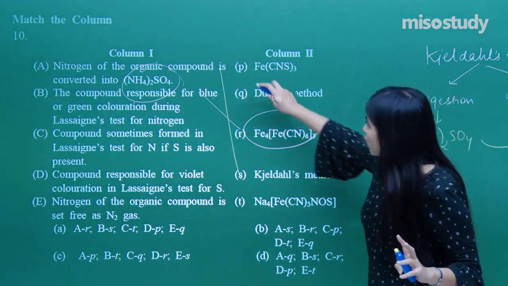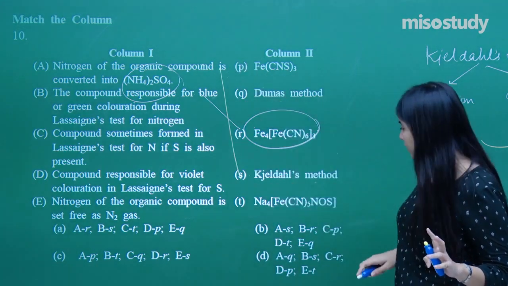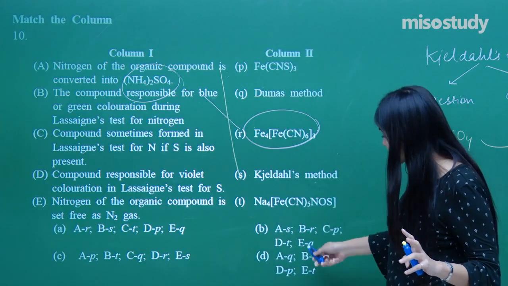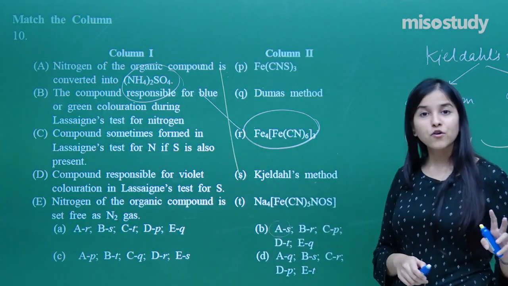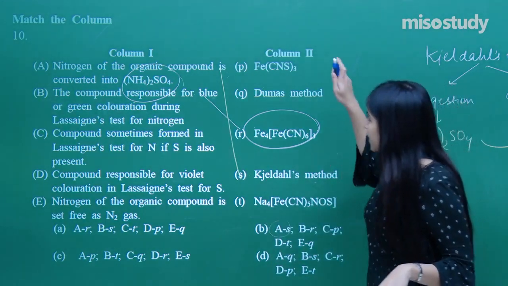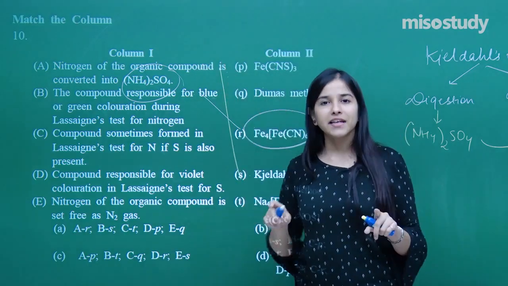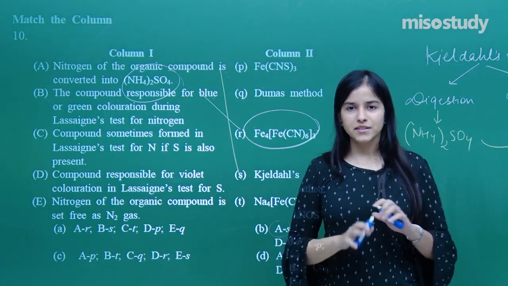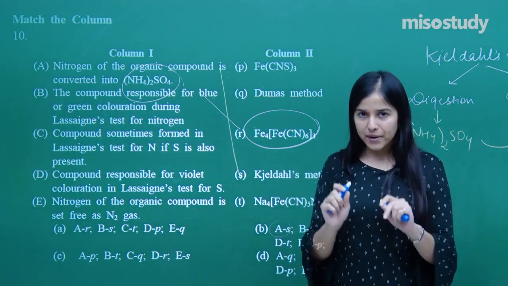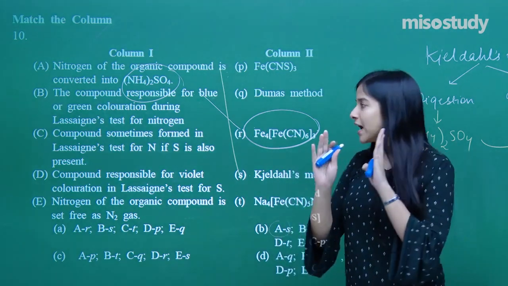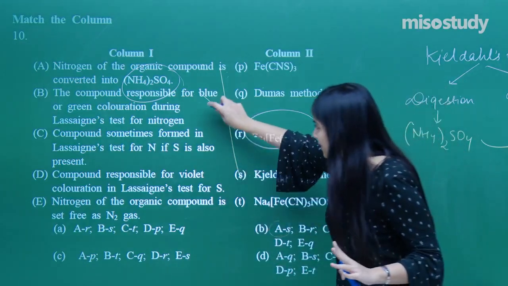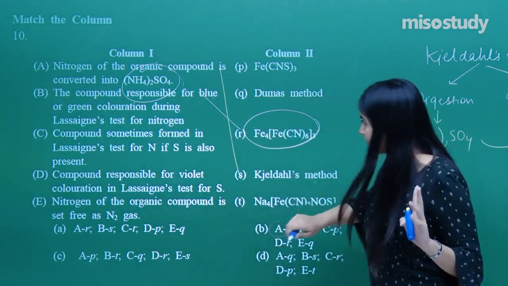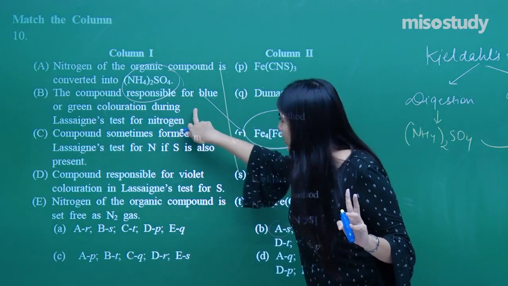If I go by A corresponding to S, only one option has A corresponding to S. That means attempting only one part can give you the complete answer. You need not go into the rest of the options. This will very much save your time. But for your knowledge and practice, I will be discussing each one of them. Clear? So we have been through with B as well.